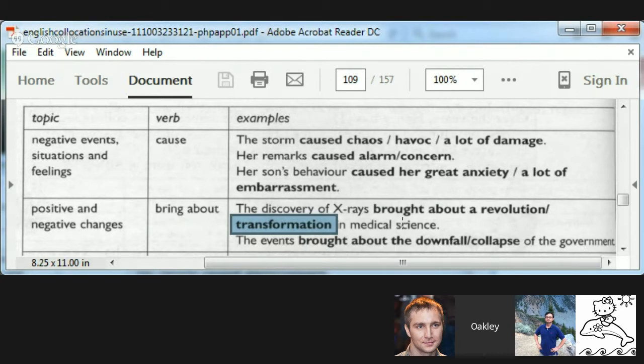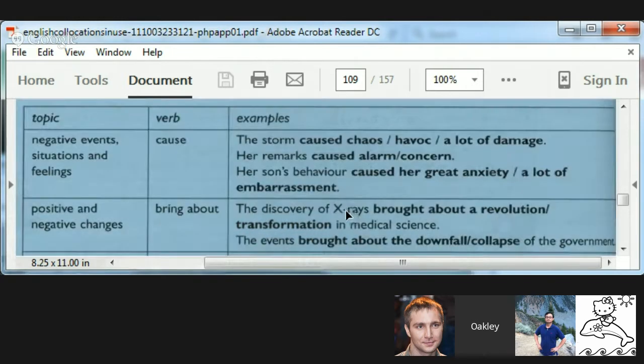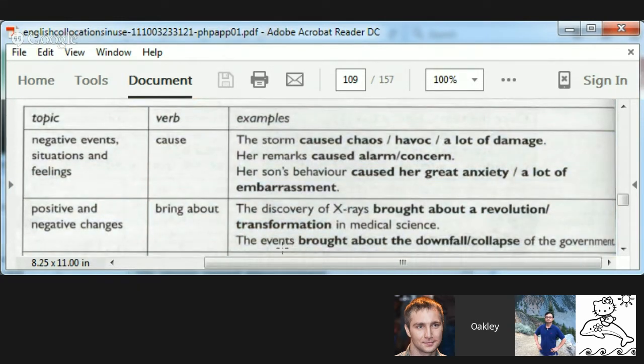So that's a very strong collocation. Brought about a revolution is quite strong, but cause a revolution is weaker, it's possible. It doesn't sound strange. It's just not as strong. I think these are neutral ideas, so actually I think it's probably okay.